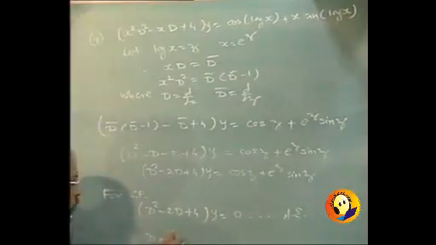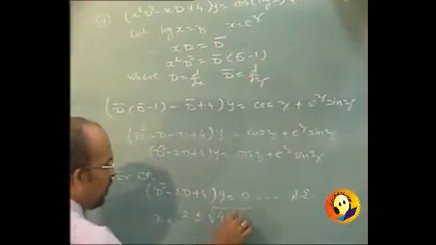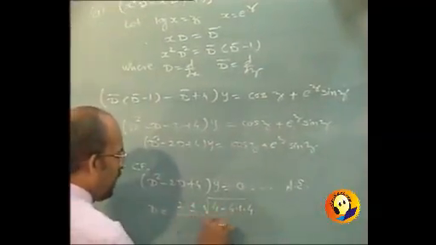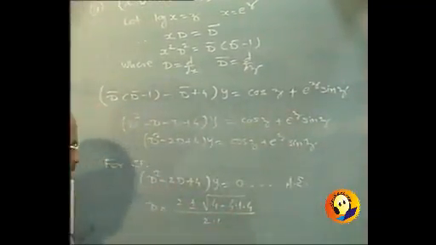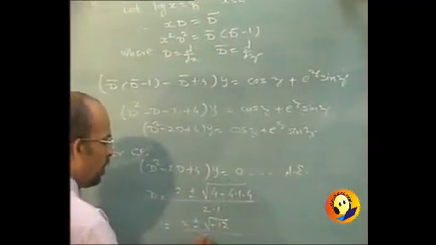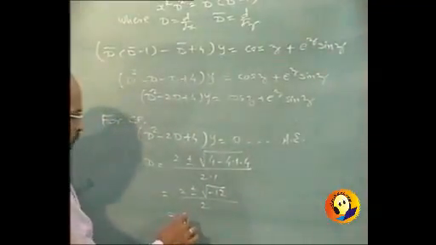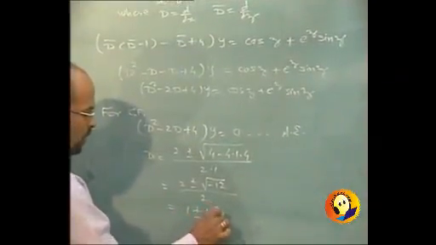So D equal to minus b plus or minus under root b square minus 4ac divided by 2a, and so this will turn out to be 2 plus or minus under root of minus 12 upon 2. 4 can be taken common, 2 cancels throughout, it will be 1 plus or minus i root 3.